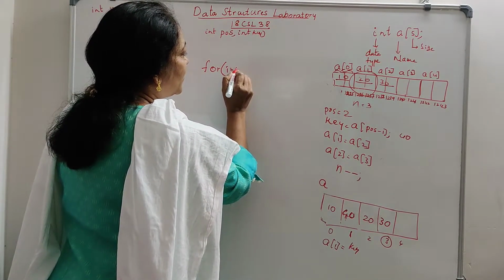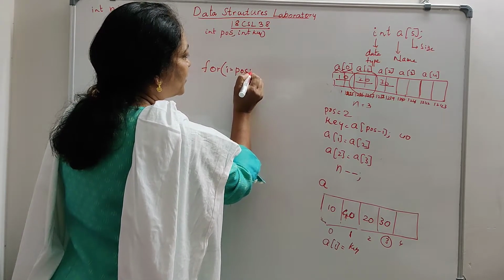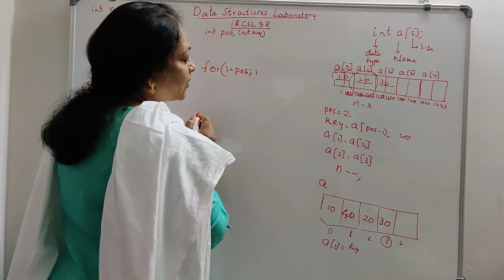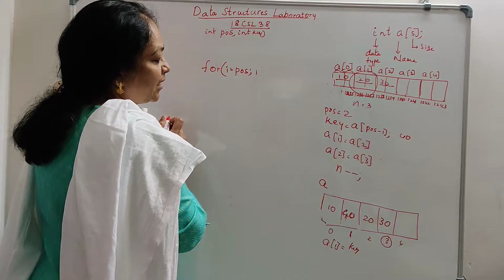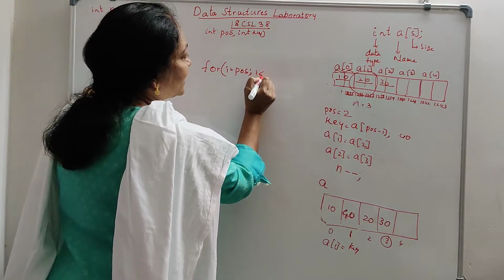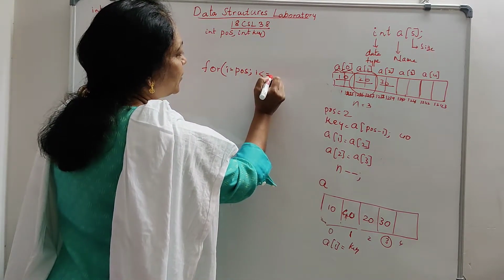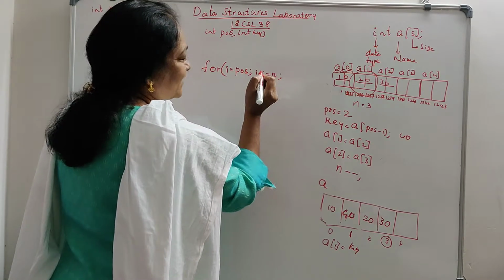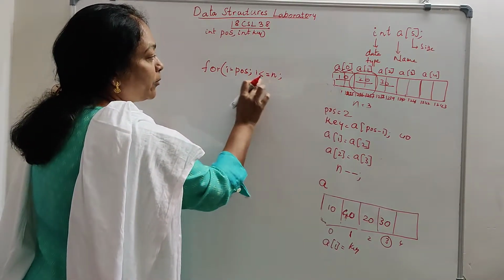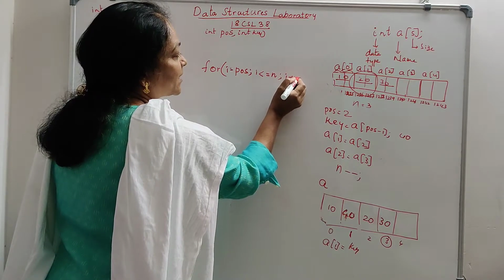So I am starting with I is equal to position, until I is less than or equal to n. Let us see, again there may be a problem here, and I plus plus.